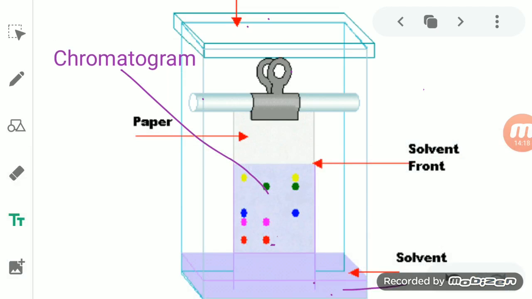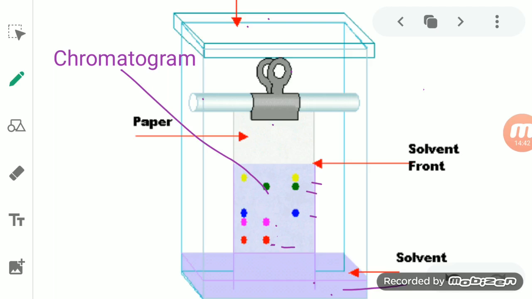Now the chromatogram obtained by using black ink in this experiment has colored spots on it. Right now here it is not 3, it is 1, 2, 3, 4, 5. So you see here in this chromatogram 5 components are there.